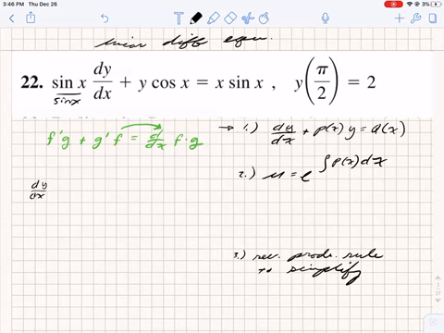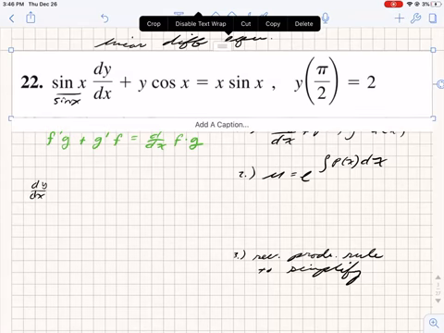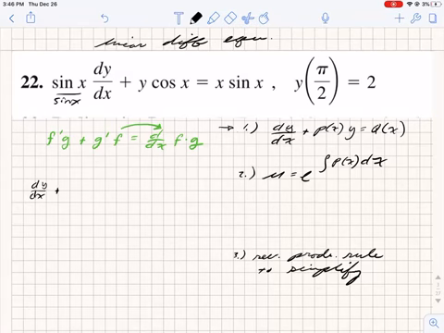So dy over dx plus cosine x over sine x times y is equal to x sine x over sine x.